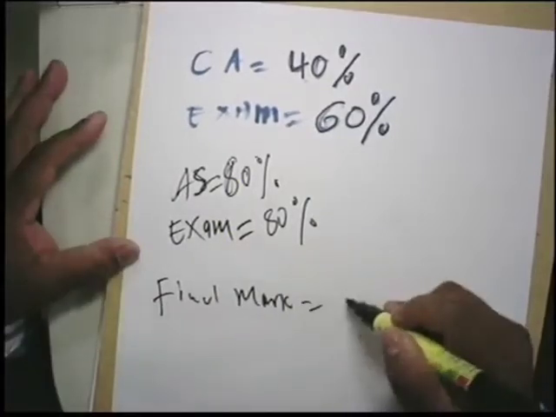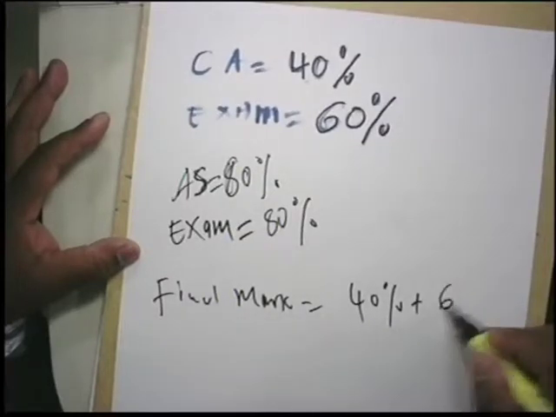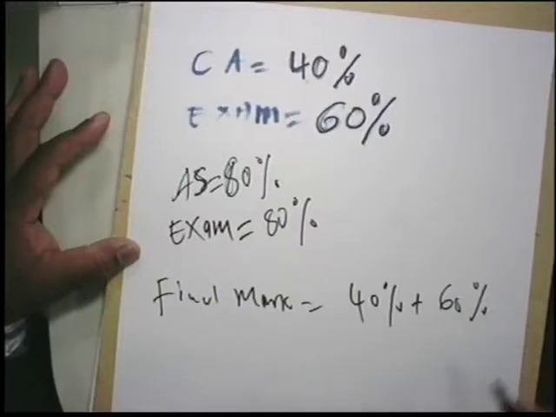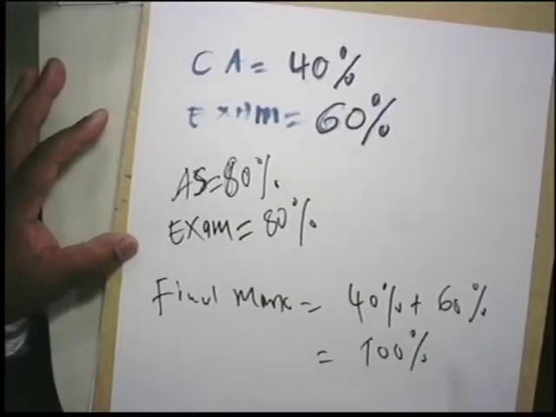So the final mark is 40% of the CA plus 60% of the exam, which is equal to 100%.